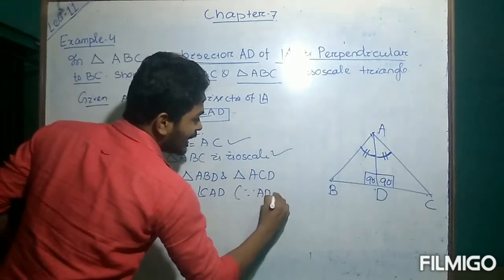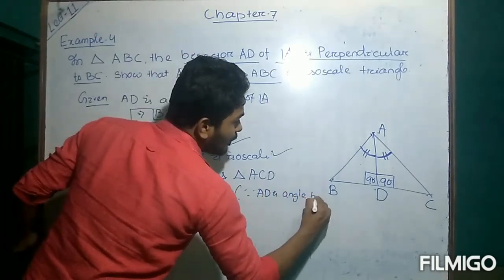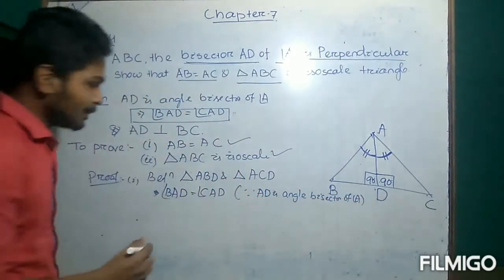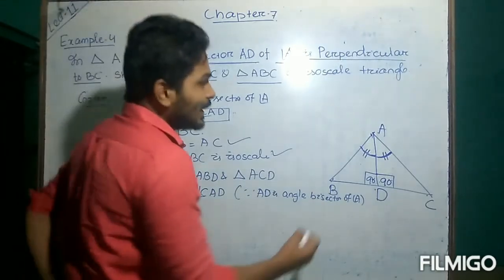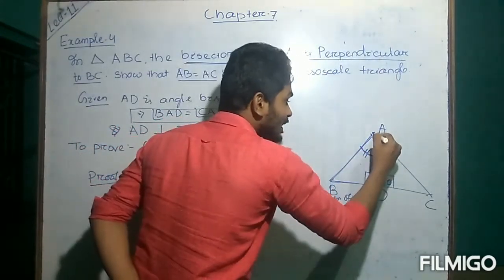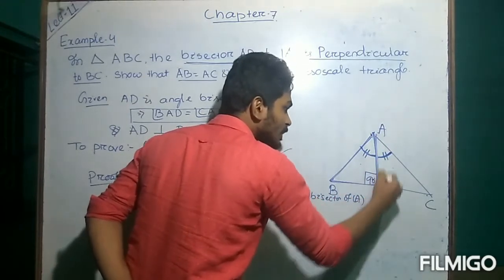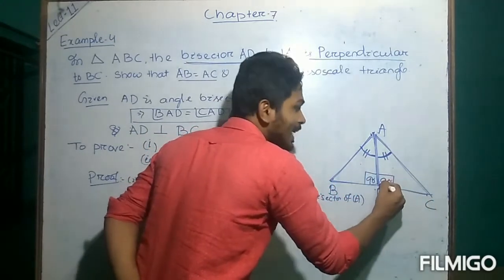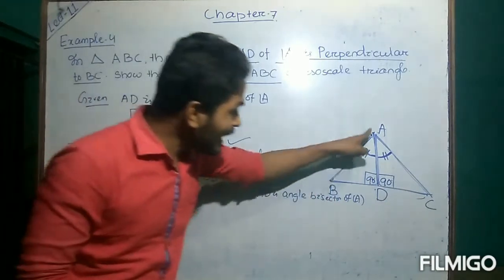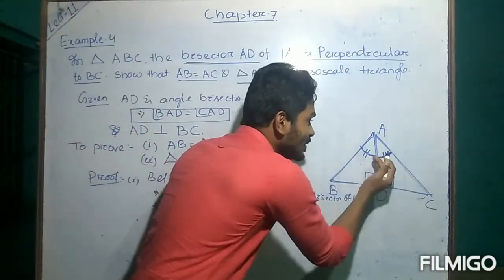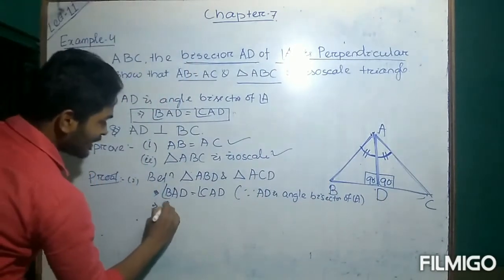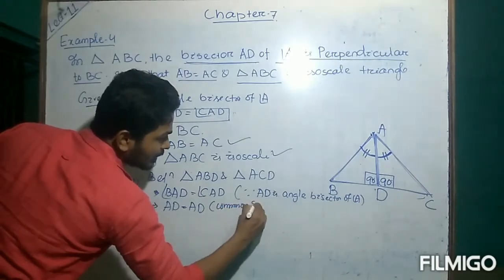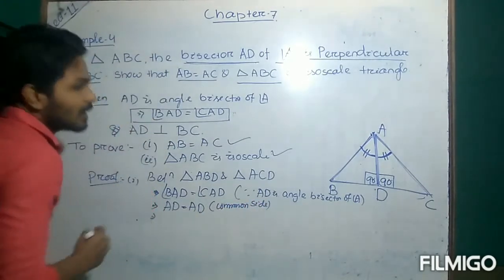The reason is AD is the angle bisector of angle A. Second, if we consider ABD as a triangle, then AD is one side of triangle ABD. Similarly, in triangle ACD, AD is also a side. So AD is a common side, AD is equal to AD.